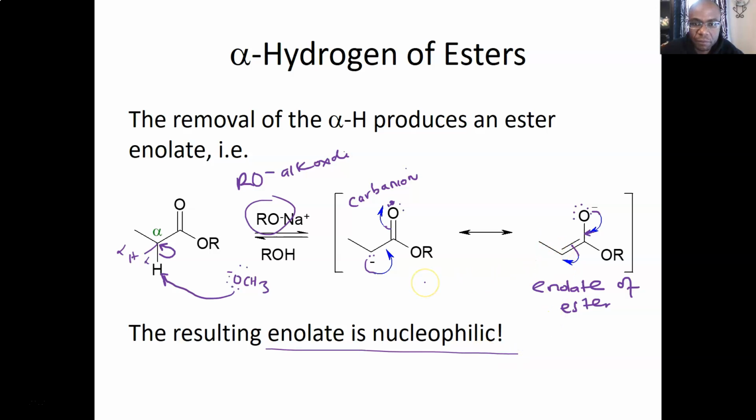You can use it as a nucleophile to attack a carbonyl of another compound. What I mean is, you can use your enolate, use one of the lone pairs from up there, make a double bond. This opens up and can be used to attack another carbonyl, and that carbonyl will open up.